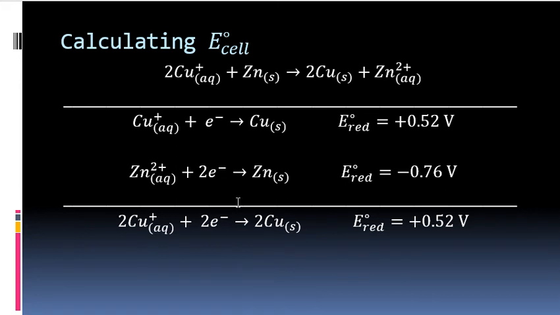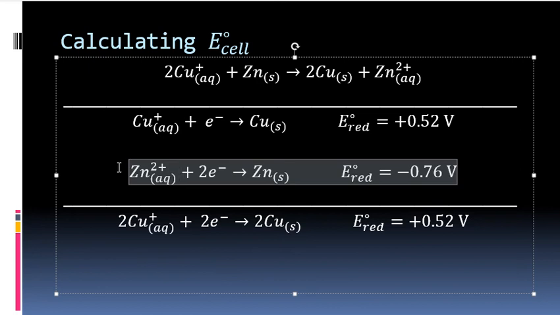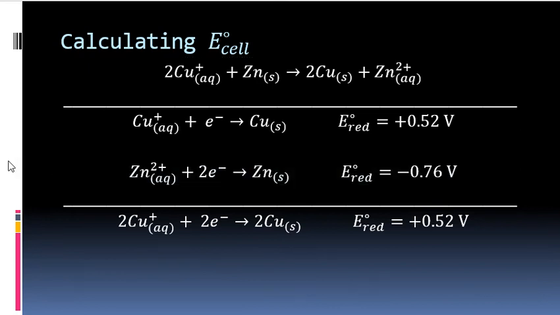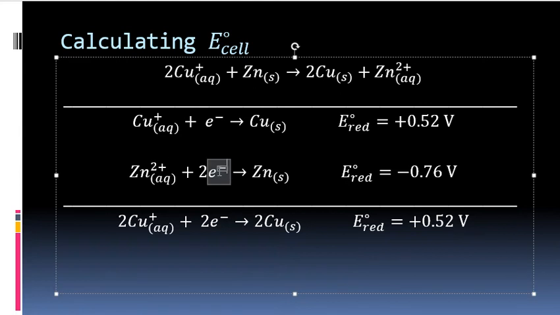Now, something that we have to think about is the fact that our second half reaction shows the reduction of zinc 2 plus to solid neutral zinc. What we actually want is the opposite, so the oxidation of solid zinc to zinc 2 plus. And effectively, we could represent that by literally just turning this reaction around.